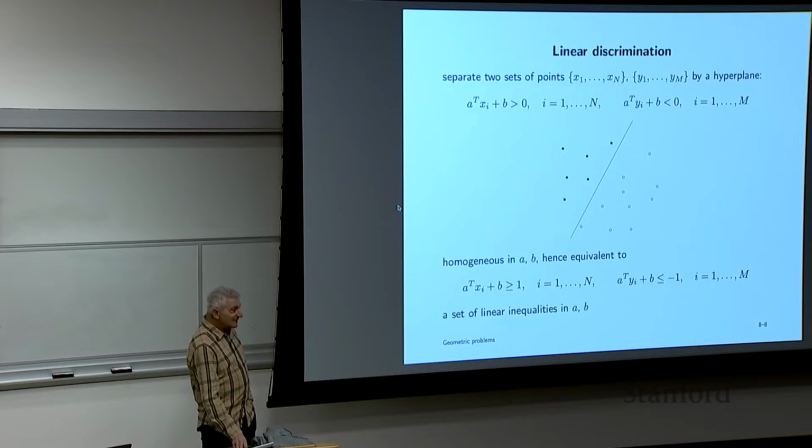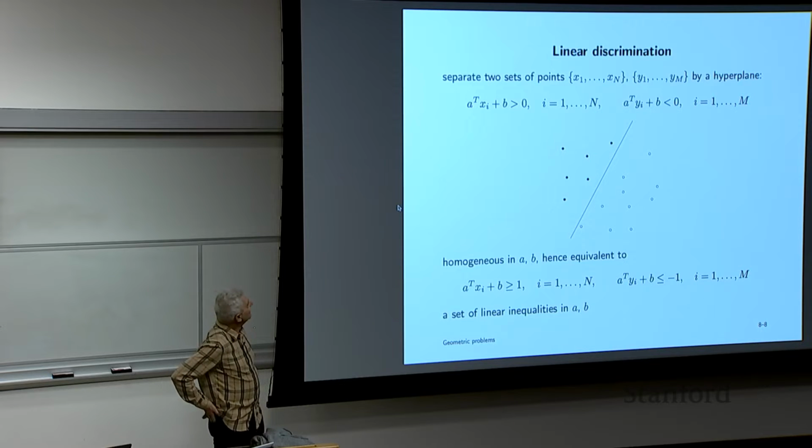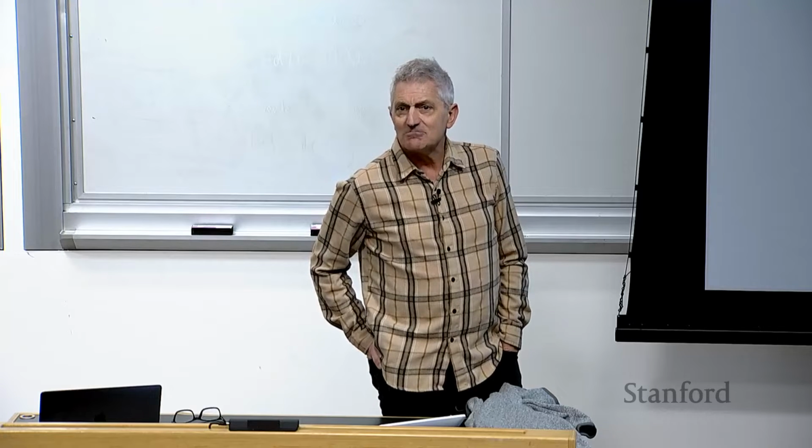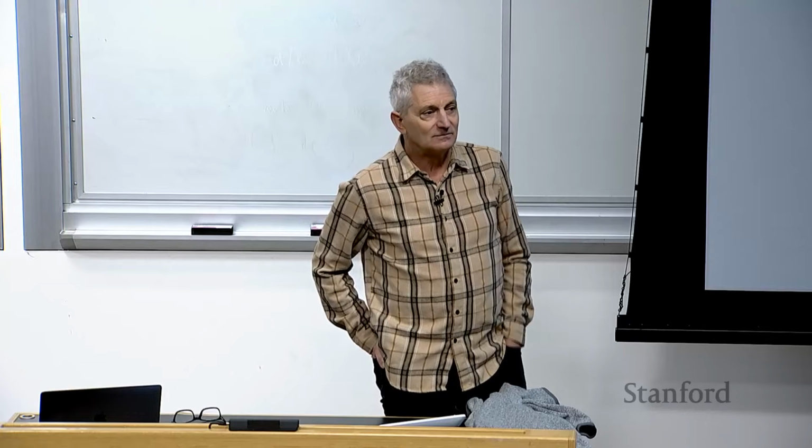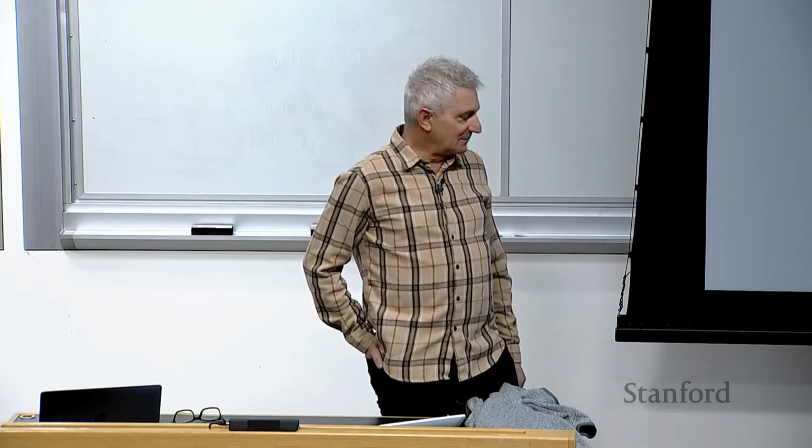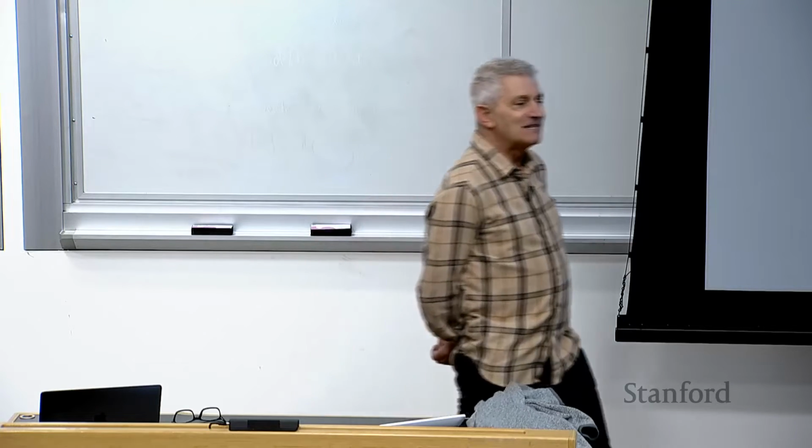Now, if we try that here, let's see what happens. You'd say, well, A transpose x_i plus B is greater than or equal to 0, and I also want A transpose y_i plus B less than or equal to 0. Anybody got any suggestions about how to solve that system of inequalities? A and B 0? A and B 0. I like it. So A and B 0 works.